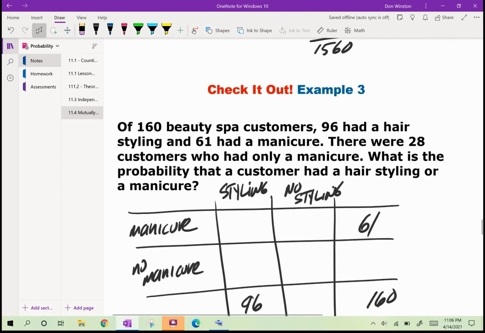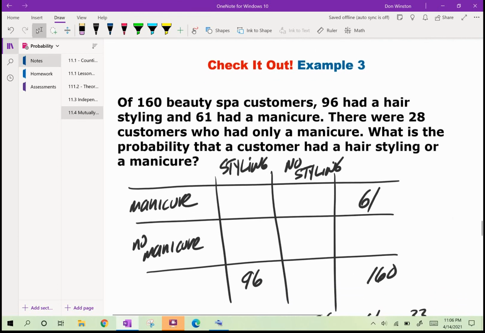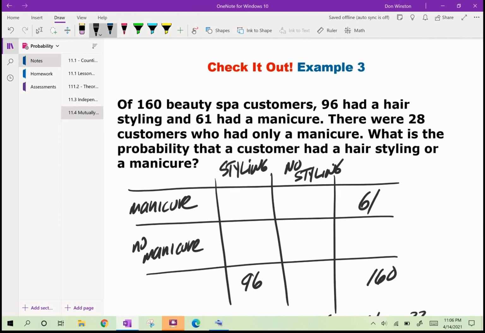Okay, let's look at another one. Of 160 beauty spa customers, so again, this is my total. So I have a total of 160. 96 had hairstyling, so I label my styling and no styling.